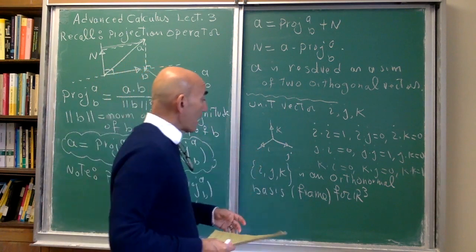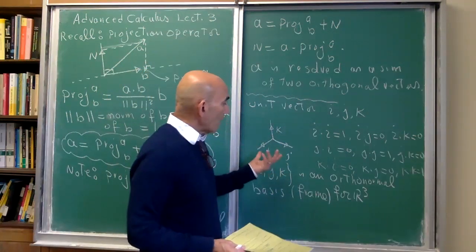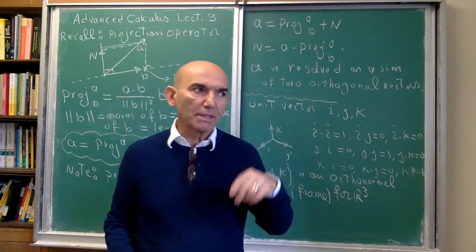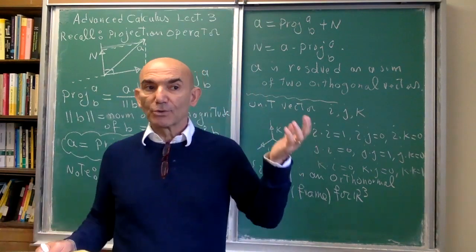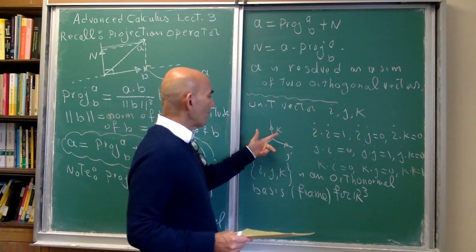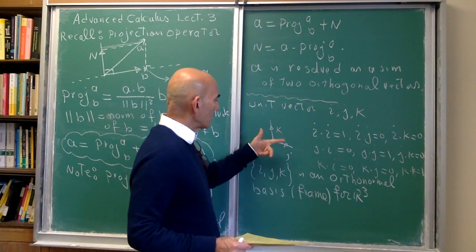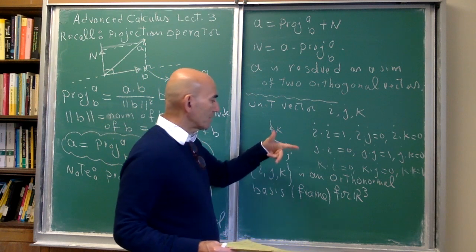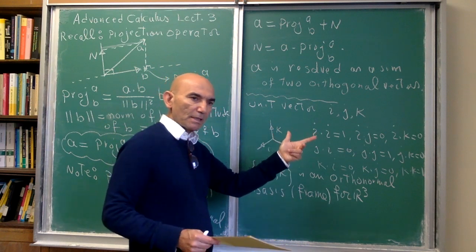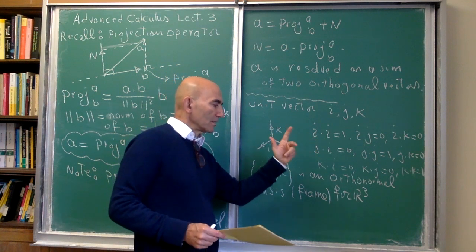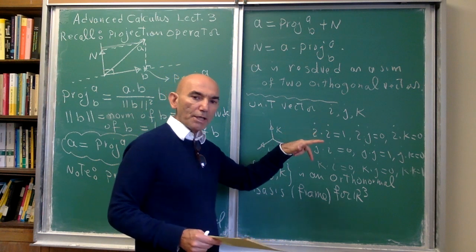But the point is that you don't have to have just ijk. You can have a lot of different vectors that would form an orthonormal frame. All you have to do is rotate ijk together in space in any way you want. You're just rotating it as a solid object.